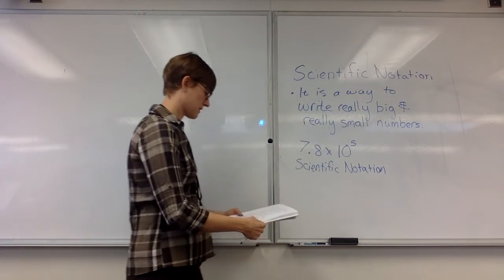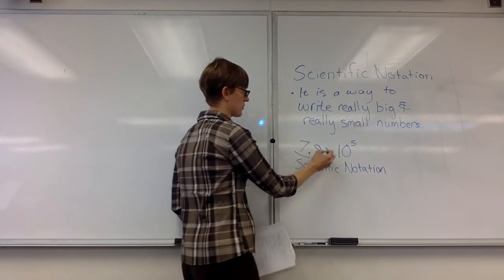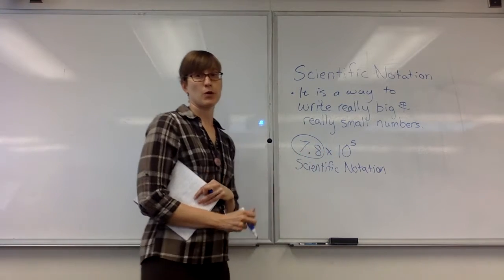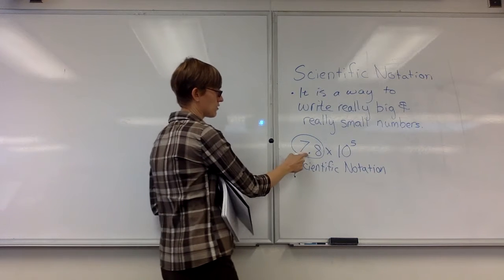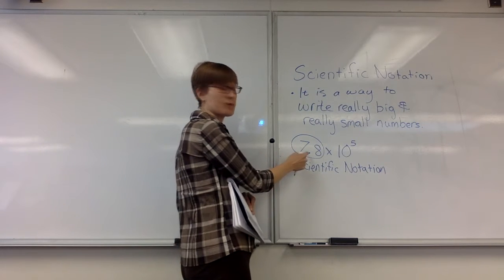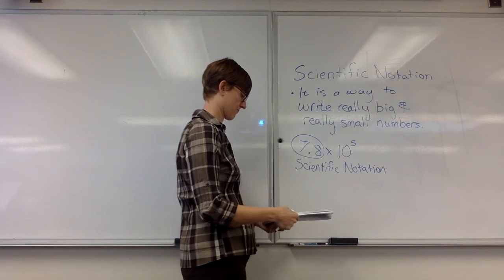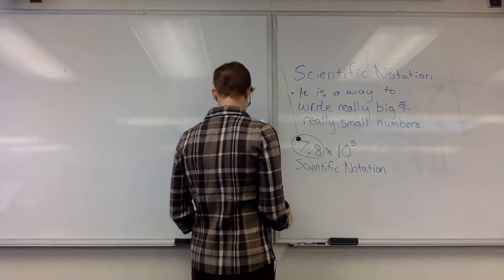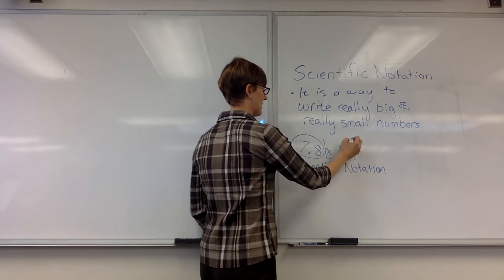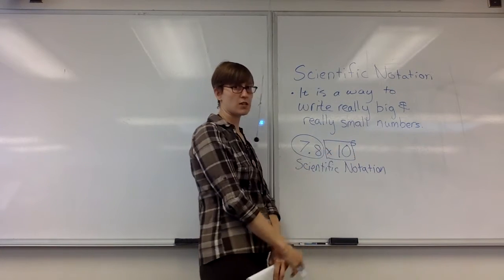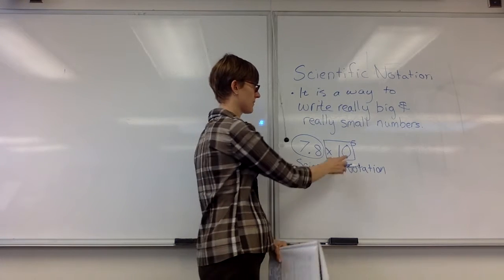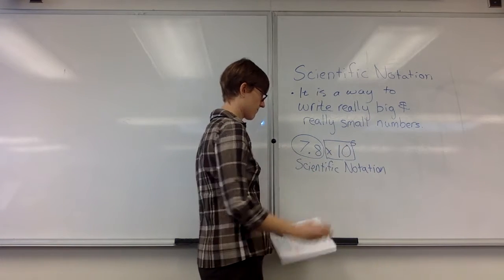The parts of scientific notation are right here. You have your number. The number is a decimal, and there's always one digit in front of the decimal point. The second part here is the times 10. Every scientific notation has that piece in it. And then there's an exponent.